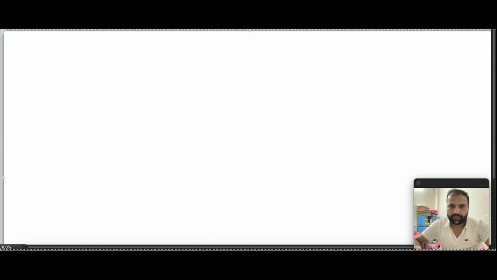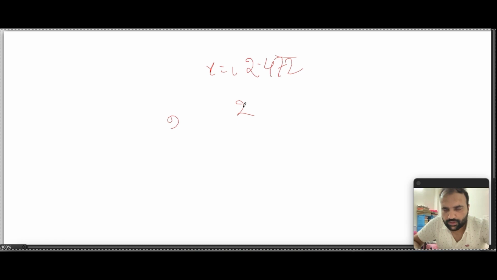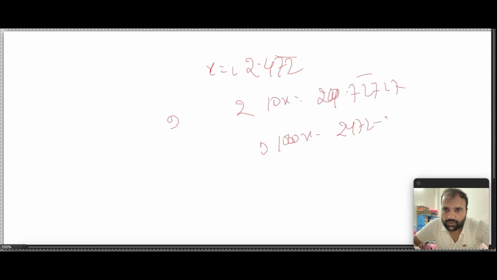Okay, so again, let's do it. So x equal to 2.4727, just for an example. Okay, how do we do it? So we already know about 2, that it's going to be the same thing that we have done before as well.